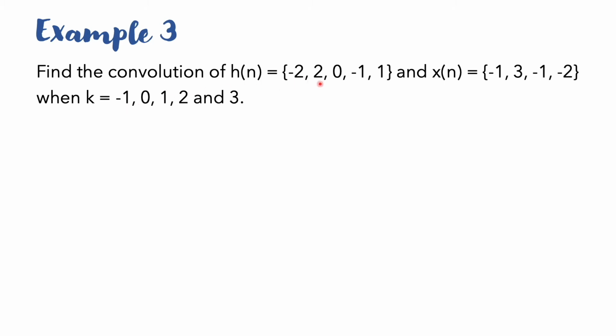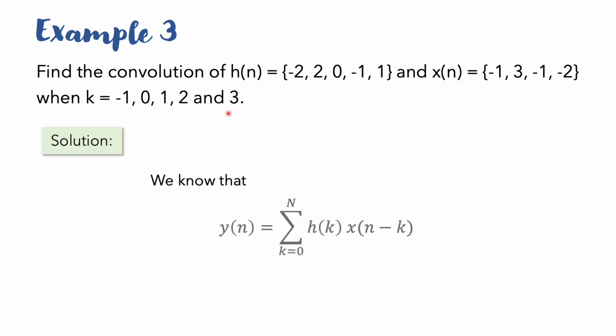And also note that these are discrete time sequences, so we are going to use the convolution sum, and that will start from -1 and go until 3. This is the general form of the convolution sum in order to find out the output sequence.